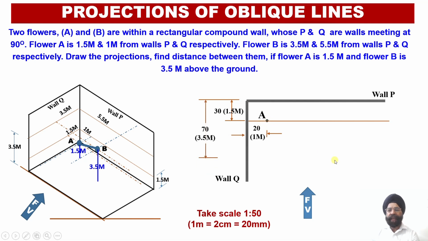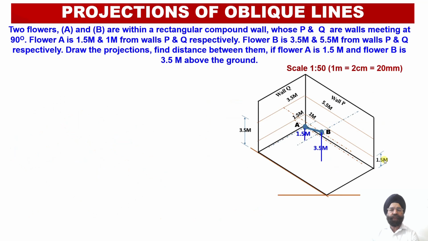Similarly, point B or flower B is located 3.5 meters in front of the wall P and 5.5 meters in front of the wall Q, at a height of 3.5 meters above the ground. With this information, we are going to evaluate the true length of the distance between points A and B and the true inclinations of this true length from the reference planes HP and VP.